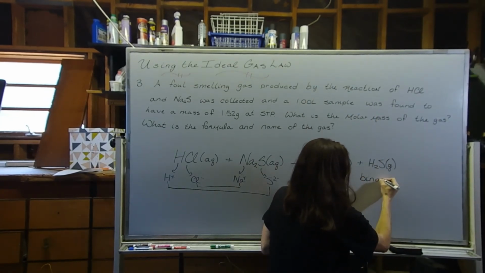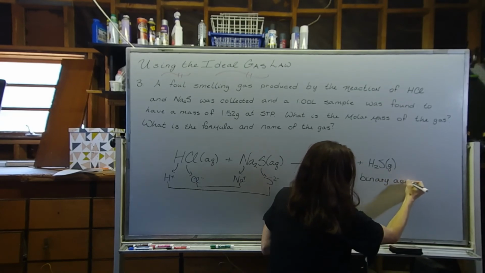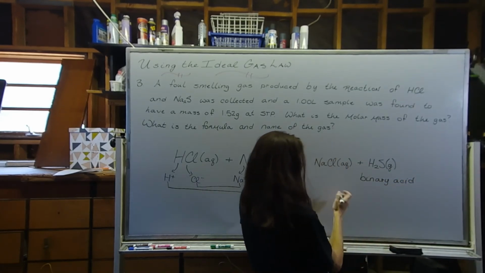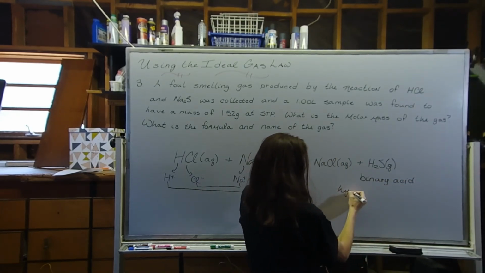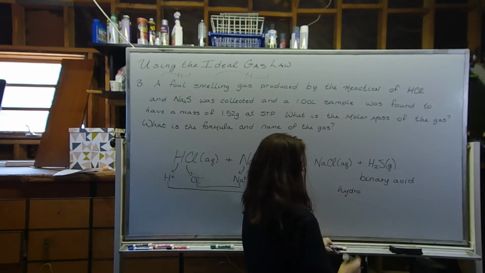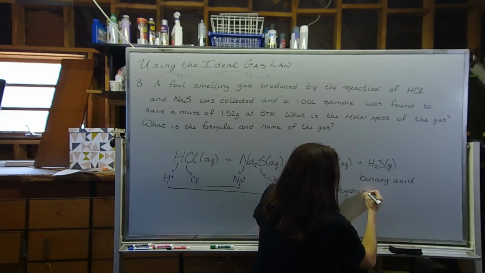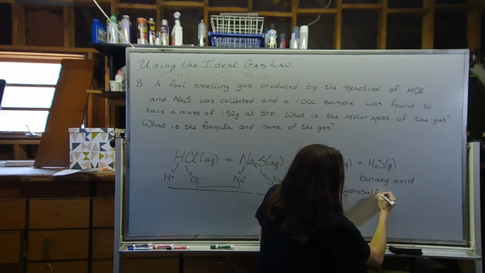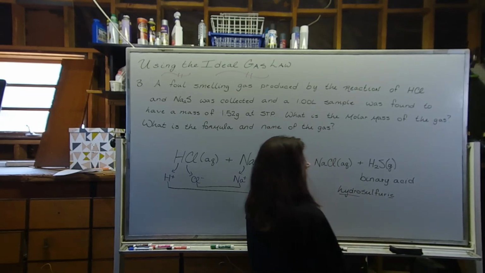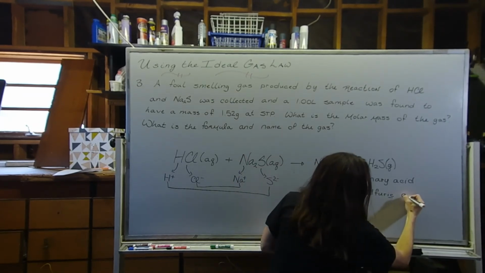So binary acid. And remember, for binary acids, we're always going to do hydro and then the name of the element. So this is going to be hydrosulfuric. We do the ic ending on the binaries. Acid.